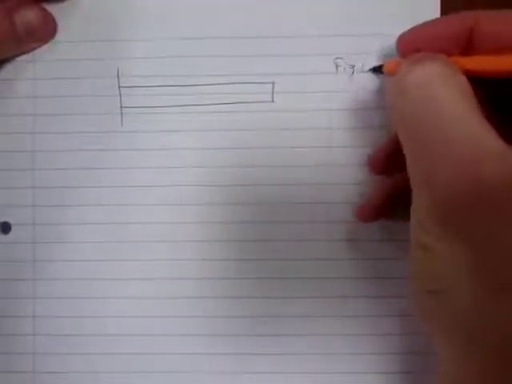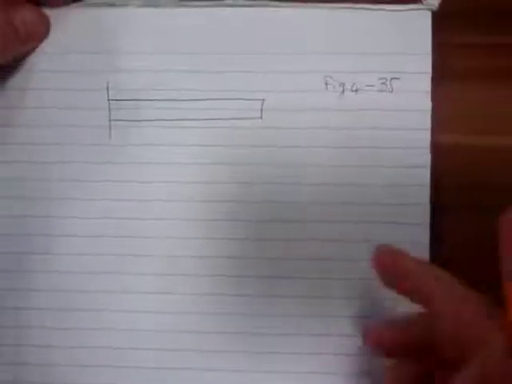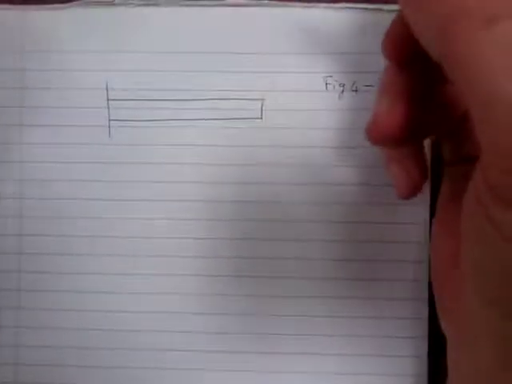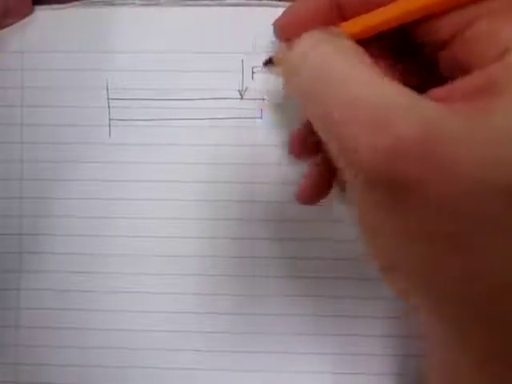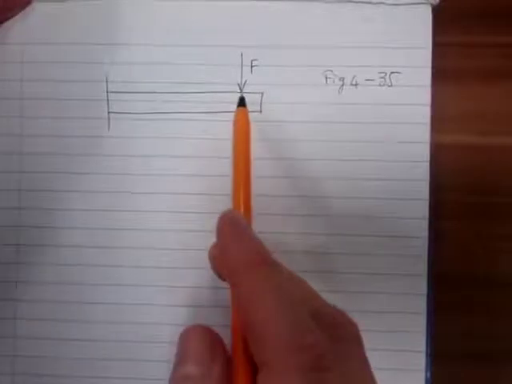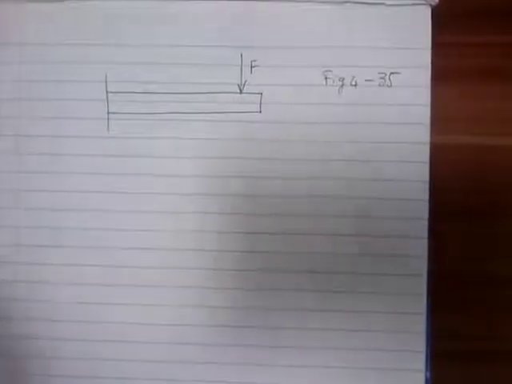If we have a beam, and actually we can see this in figure 4.35, the bottom one, or any body, any object, and I apply a force there, what effect does that force have on this body?